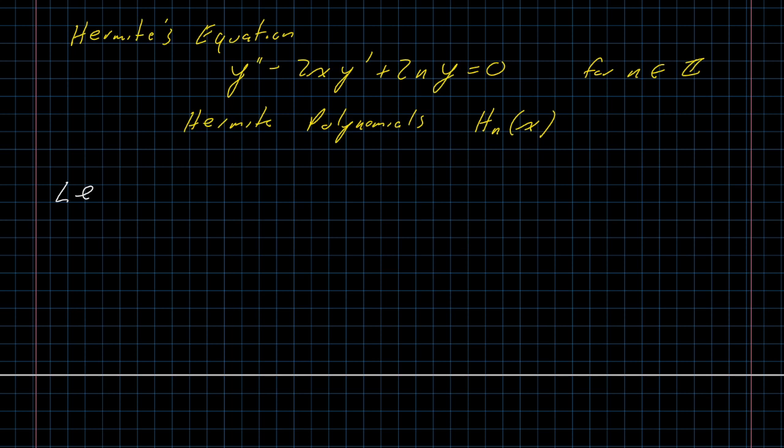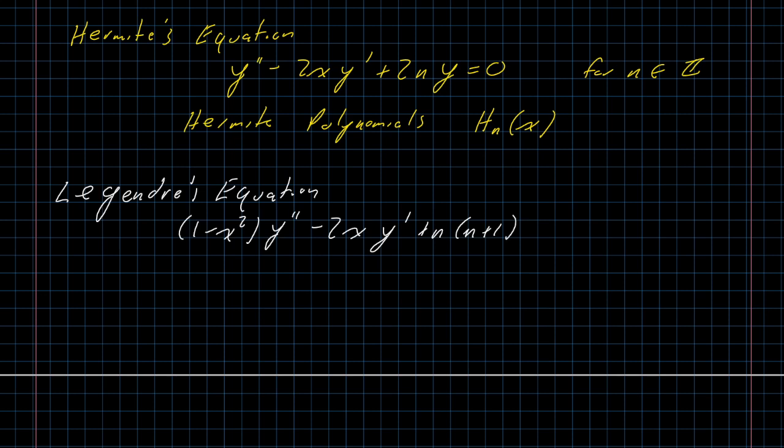We also have Legendre's equation, and the solutions to Legendre's equation are called Legendre polynomials, and generally denoted as p sub n of x.